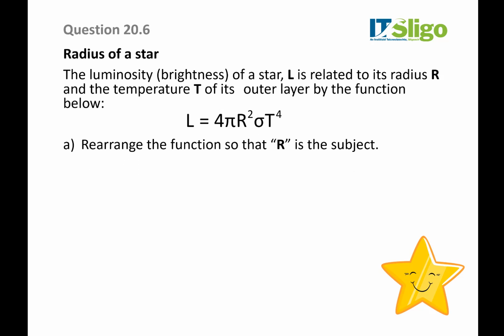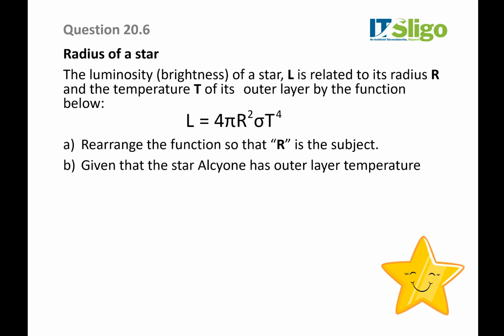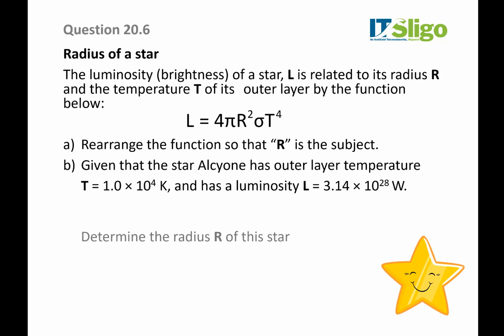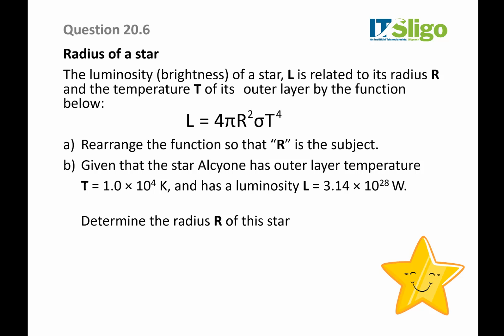So we're asked to rearrange the function so that r is the subject. And then we're given some figures, but they're your favorites. They're scientific notation figures. And you're finally asked to determine the radius of this star.